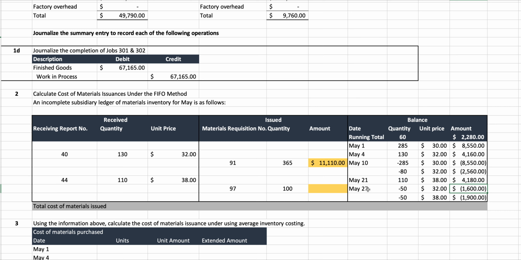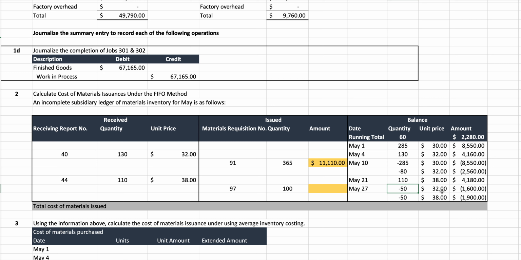And then on May 27th, the same thing happened. We realized that the production floor needed 100 additional units. Again, we didn't have 100 units at the $32, right? We only had 50 units left at the $32.